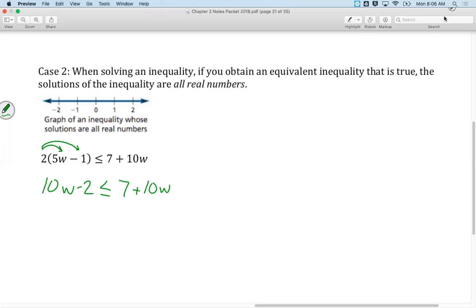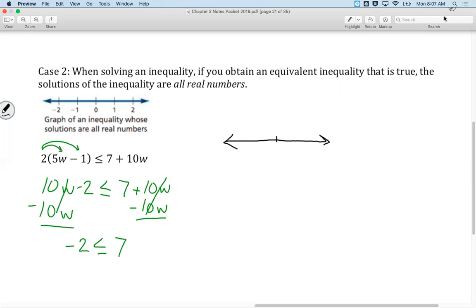So in this case, we want to get all the variables to one side. So I'm going to move this 10w on the left. When I do that, I get -2 is less than or equal to 7. Is that true or false? It's true, right? -2 is less than 7. We know that. So when I go to graph it, you have your number line, looks something like this.